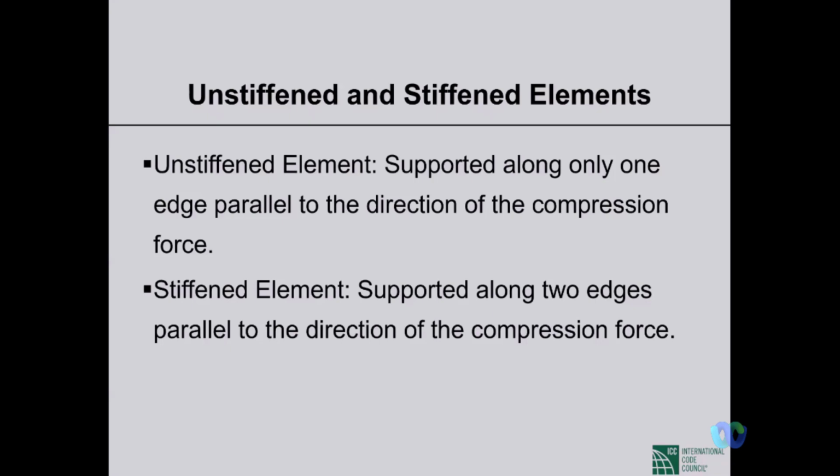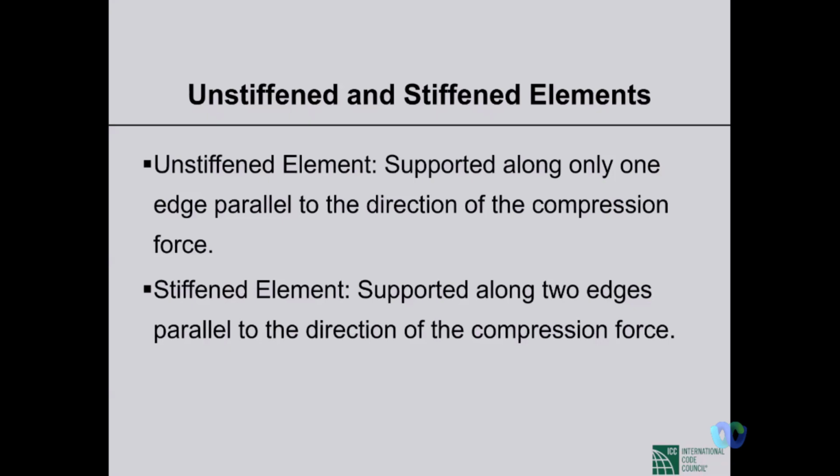So a flange is connected along only one edge parallel to the direction of compression force. So a flange in an I section, for moment about the strong axis, is an unstiffened element. But in case of a web in an I section, the web is connected along two edges, one with the top flange and one with the bottom flange.